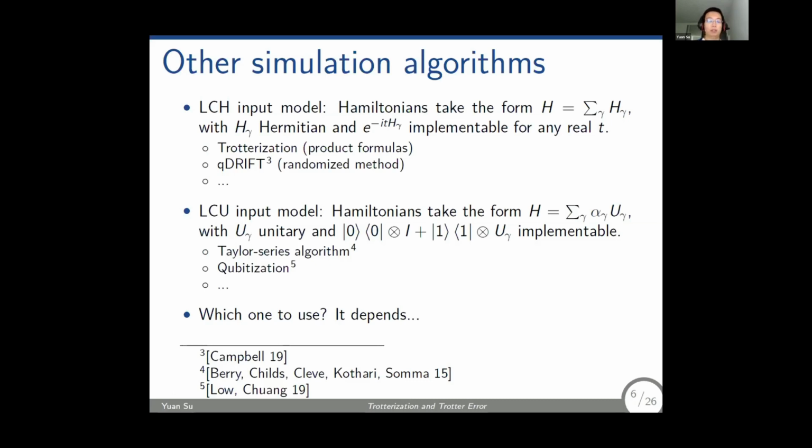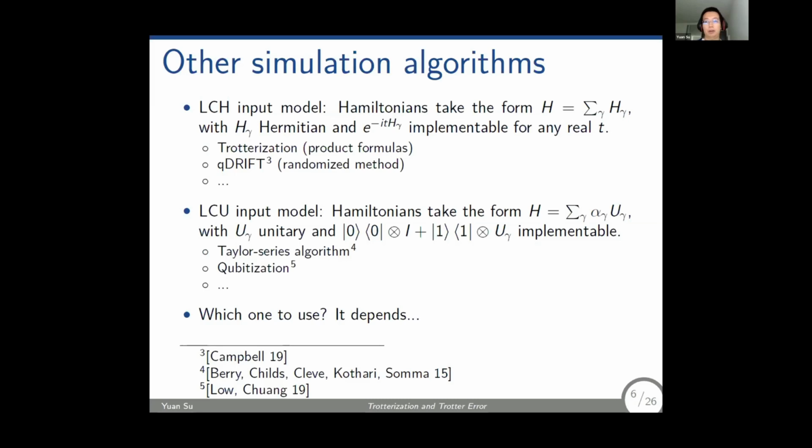Okay, so on the other hand, there's another common model, usually called the LCU model, where the Hamiltonian is decomposed as a linear combination of terms, and each term is unitary up to some coefficients. And then you can efficiently control these unitaries on a quantum computer.